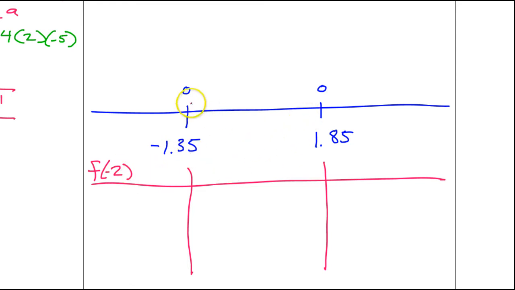I need a value to check that is between negative 1.35 and positive 1.85. Between a negative and a positive number is 0. So I will use 0 as my test value. And I need a value that is greater than 1.85. So I'm going to use positive 2, or I could have used 3 or 4 or 10 or 100, whatever I wanted.